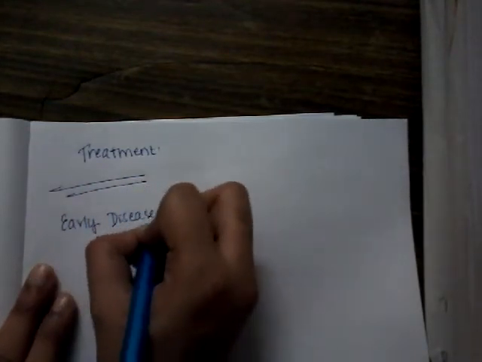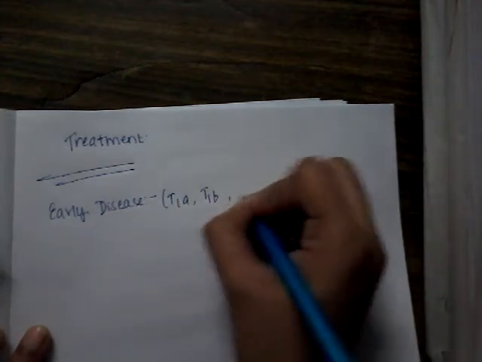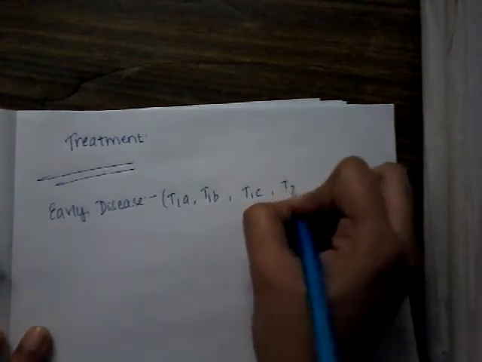Now, treatment of carcinoma prostate. So, early disease includes T1A, T1B, T1C and T2.